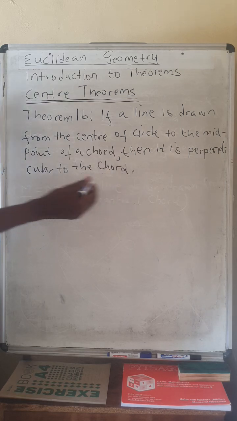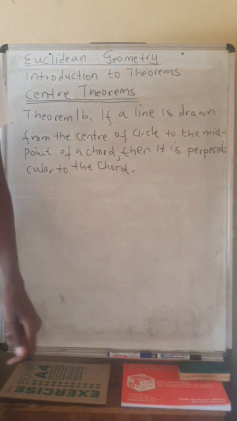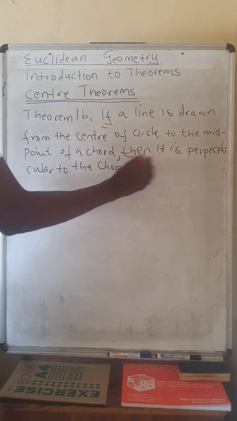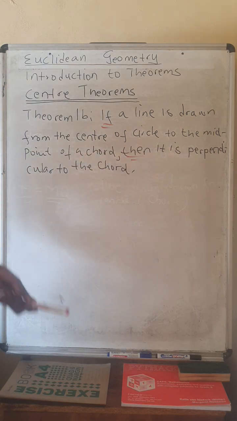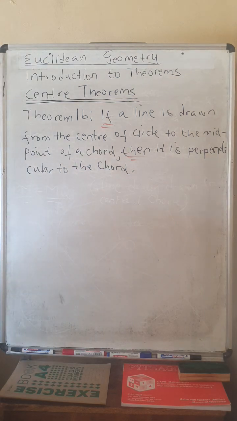Similarly, you can see the theorem consists of what? Of if and then. Guys, here's the thing I want you to understand. My theorems will be long compared to what you will be given at your schools or in some of the books, because I want you to really understand.